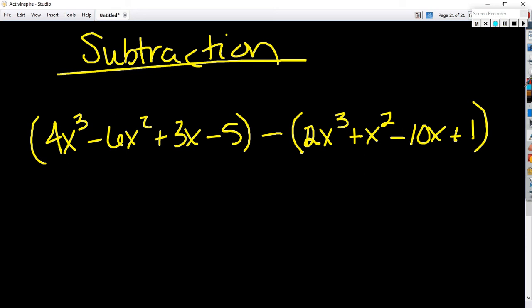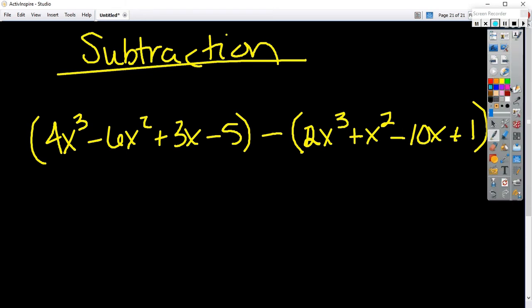What I'm going to do for these, and we did this with quadratics, remember, we've already done this. This is just a little bit bigger.